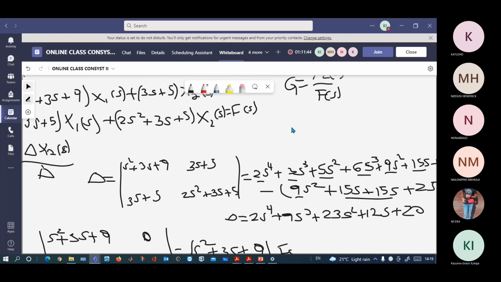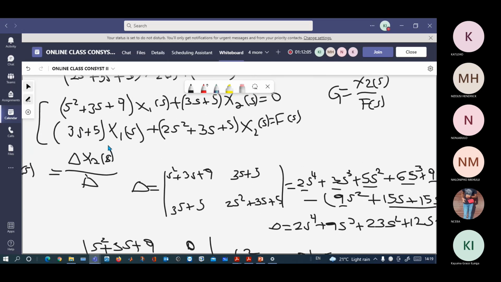I was asking why did you take the number for delta instead of taking the number for f of s, which is on equation 2, which is 3s plus 5 something, this one that you're showing now? Why didn't we take that value? Now we're taking the one for delta, which we calculate for Cramer's rule. Your question is why I didn't take this number?